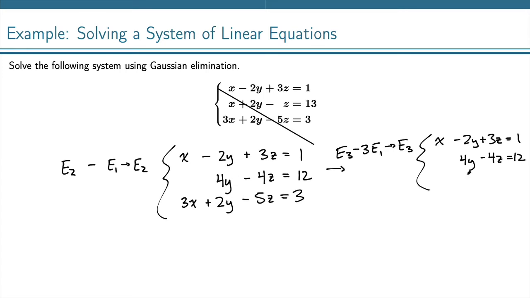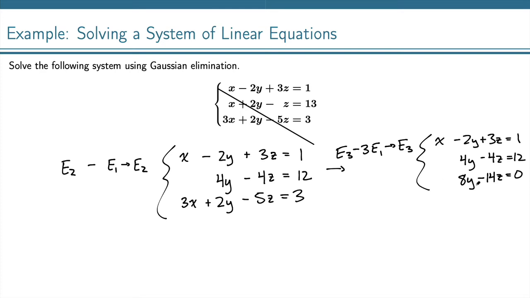So 2y plus 6y is 8y. And then -5z minus 3 times 3z is minus a 9z. So -5z minus 9z is minus 14z. And then 3 minus 3 times 1 is 0. So notice that we've now gotten rid of the spots right here.